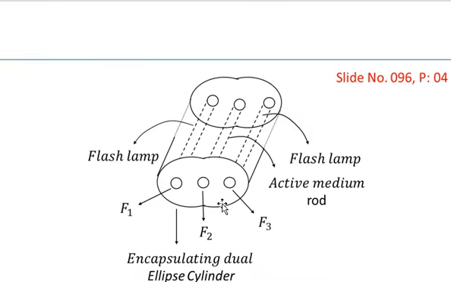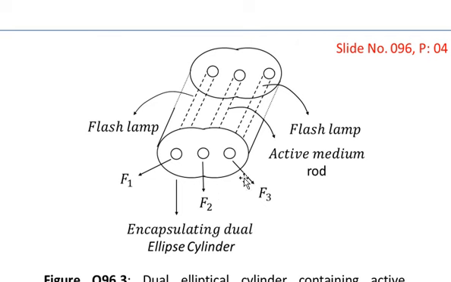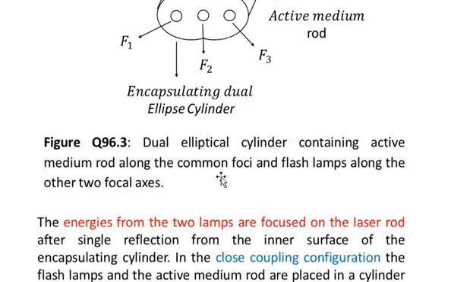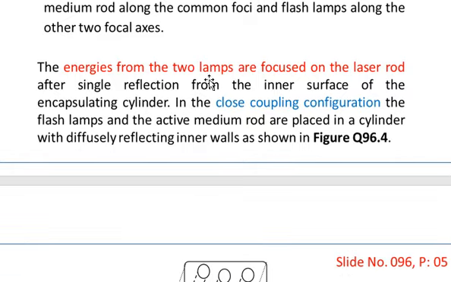So you see that when we are using the encapsulating elliptical cylinders, we want to have specular reflection coating on the inside wall of the elliptical cylinders, so that after the first reflection, the light could reach the active medium from these flash lamps. The energies from the two lamps are focused on the laser rod after a single reflection from the inner surface of the encapsulating cylinder.